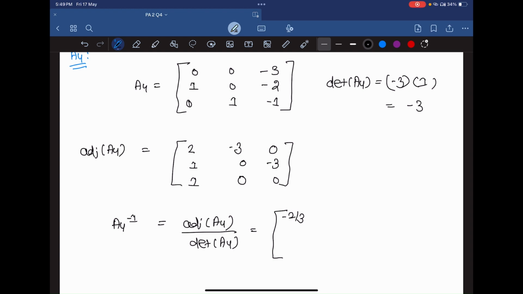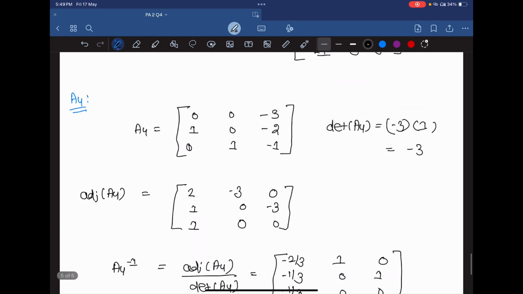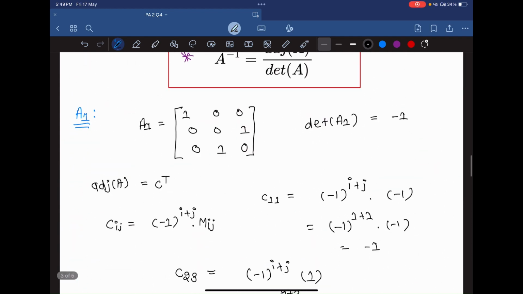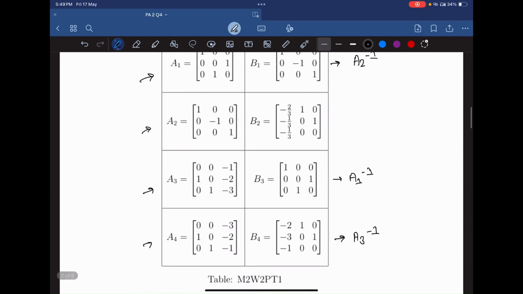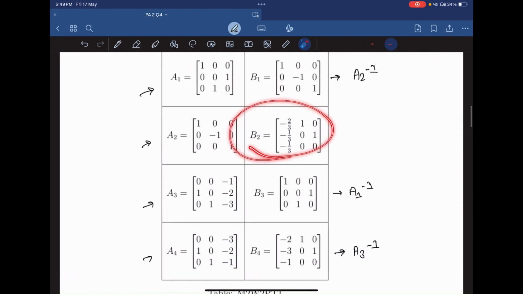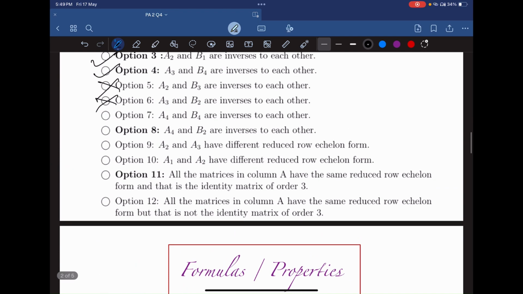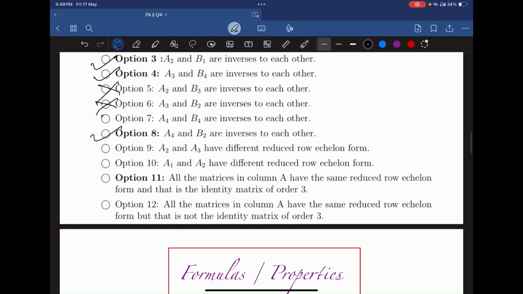So minus 2 by 3, 1, 0, minus 1 by 3, 0, 1, minus 1 by 3, 0, 0. So this is the matrix that we got, and if we check from the table, it matches with matrix B2. So this is our A4 inverse. Hence option 8 is correct, option 7 is wrong.